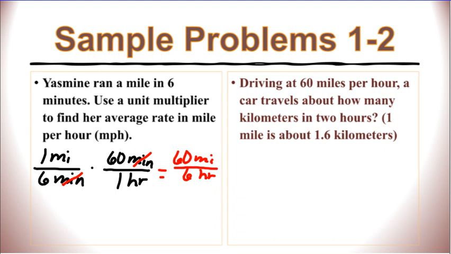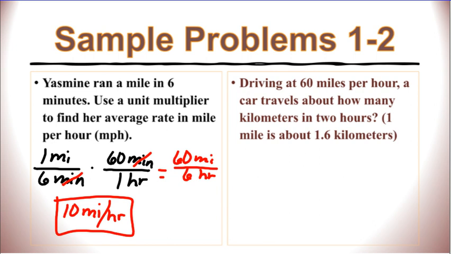And now I have 60 miles over 6 hours. So now I can do my division. 60 divided by 6 is 10. That's 10 miles per hour. So it'd be 10 miles per hour for this example.